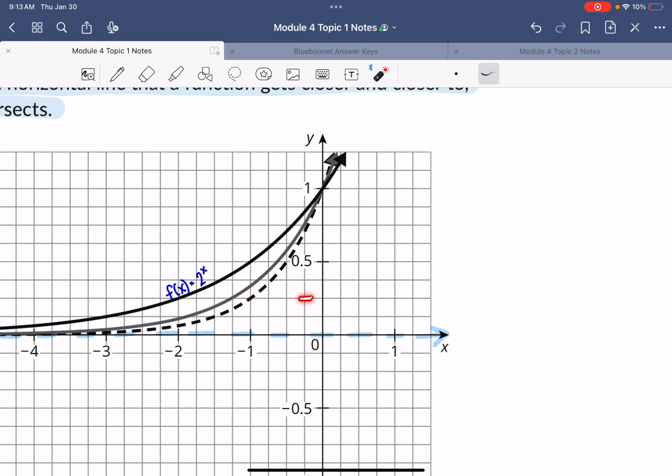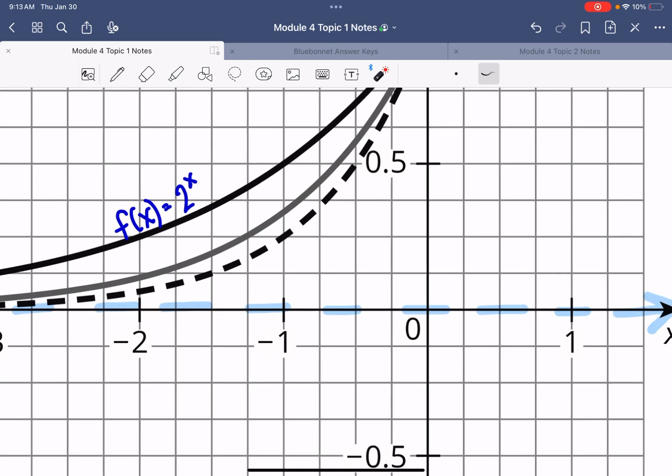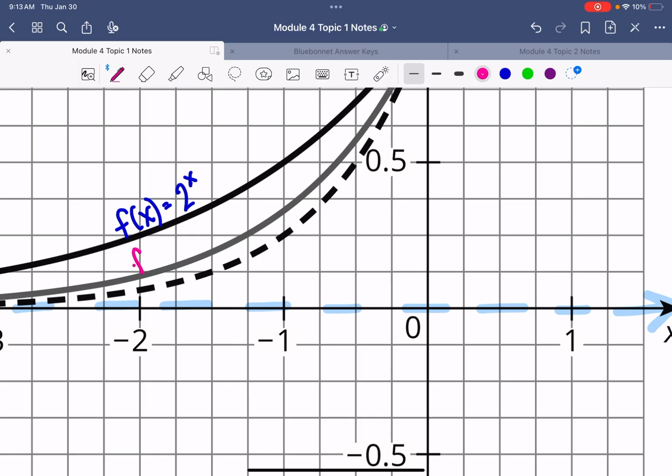Well, this is probably 0.25, right? Because it's half of 0.5. So I'm assuming this gray one here is 3 to the x power. Which means the bottom one will be 4 to the x.